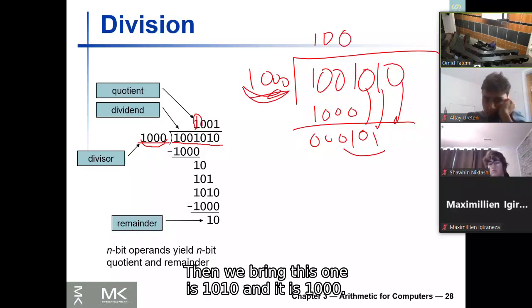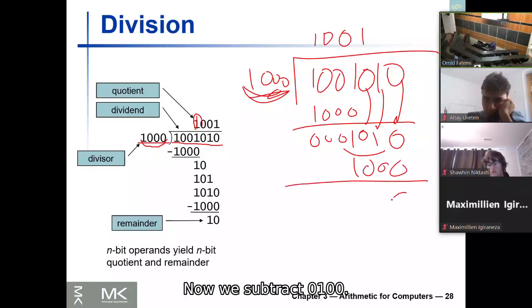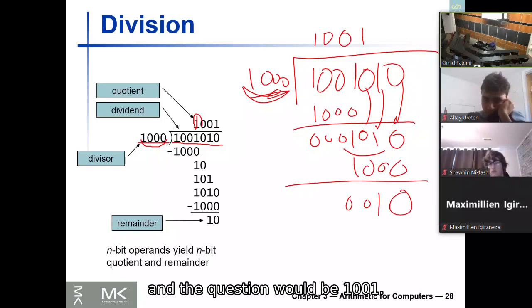Then we bring down this one. So it is 1010 and it is 1000. So now 1 times that becomes 1000. Now we subtract: 0, 1, 0, 0. So the remainder is 10, it is 2, and the quotient would be 1001.